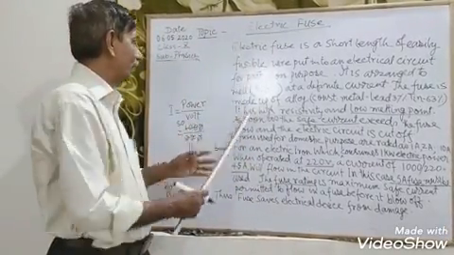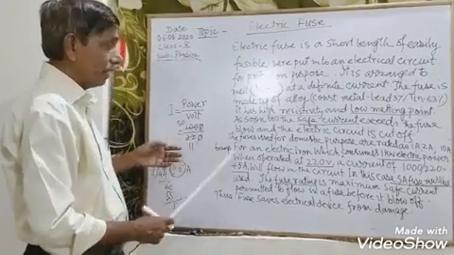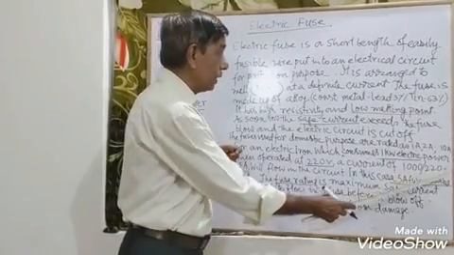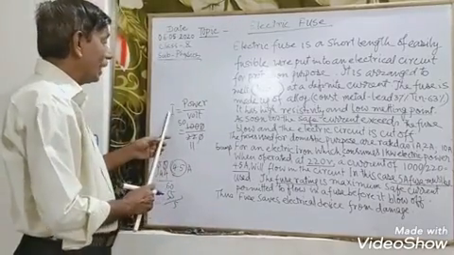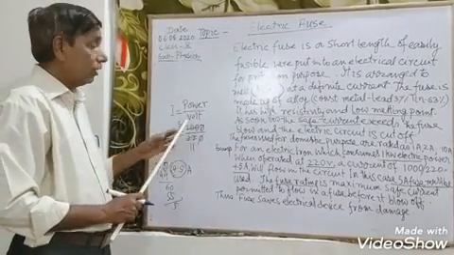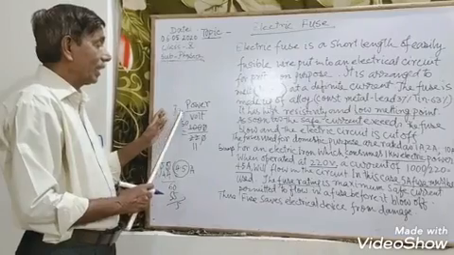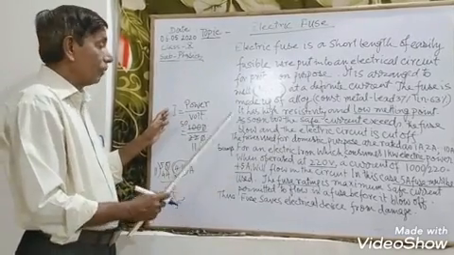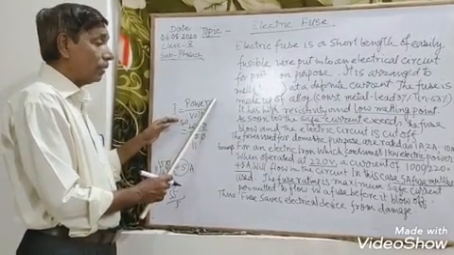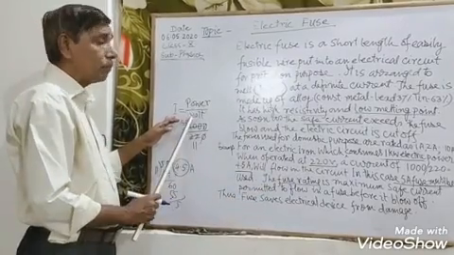So this is the electric fuse, and I have written here 1000 by 220. What is it? It is I, that is electric current, and you have already studied that electric current can be calculated if we know the power of the device and the voltage.